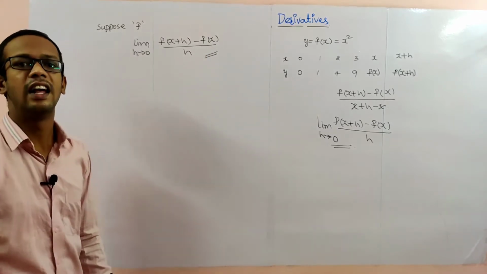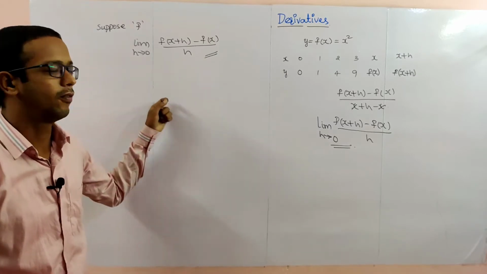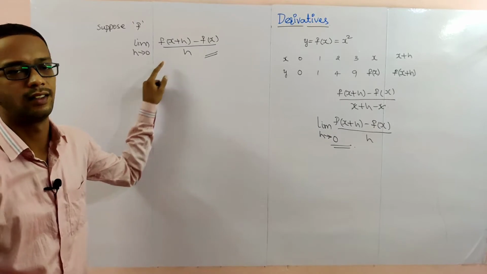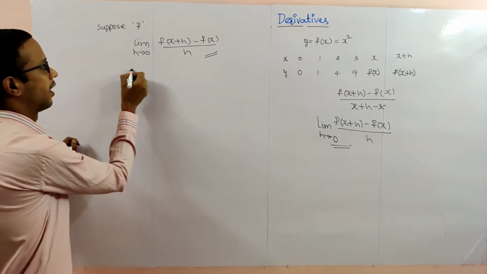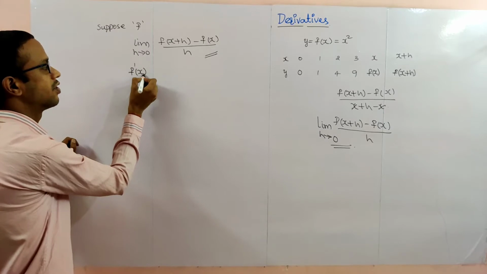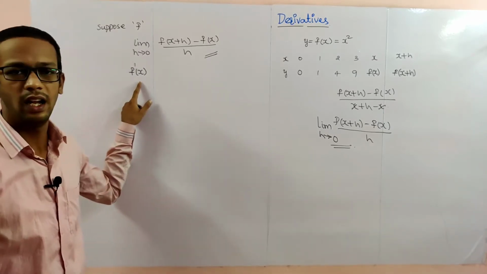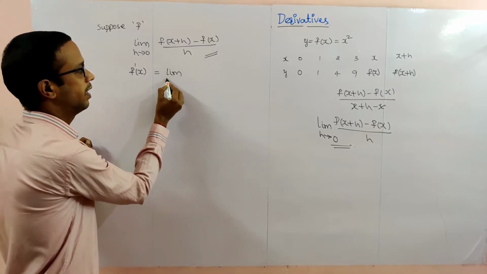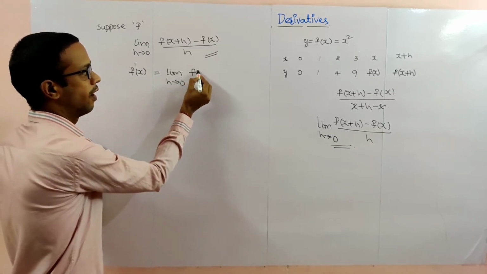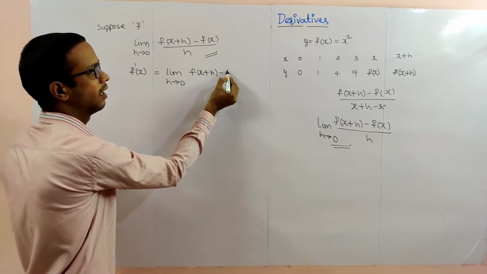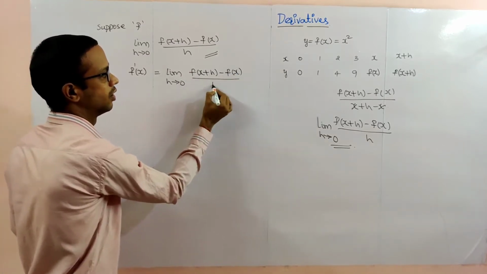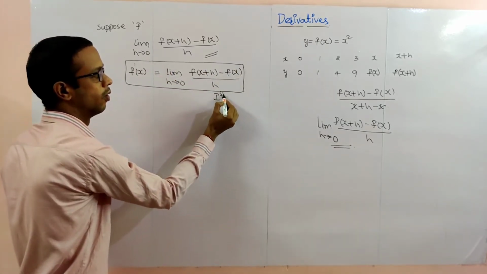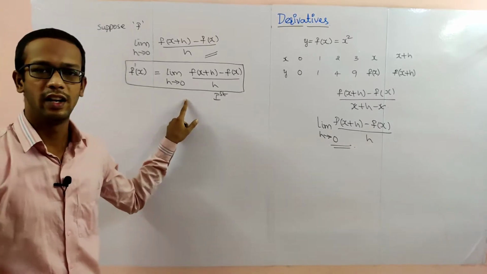This is called the derivative of the function f of x at x, and it is denoted by f dash of x. F dash of x is equal to limit h tends to 0 of f of x plus h minus f of x by h. This is called the first principle of derivative.